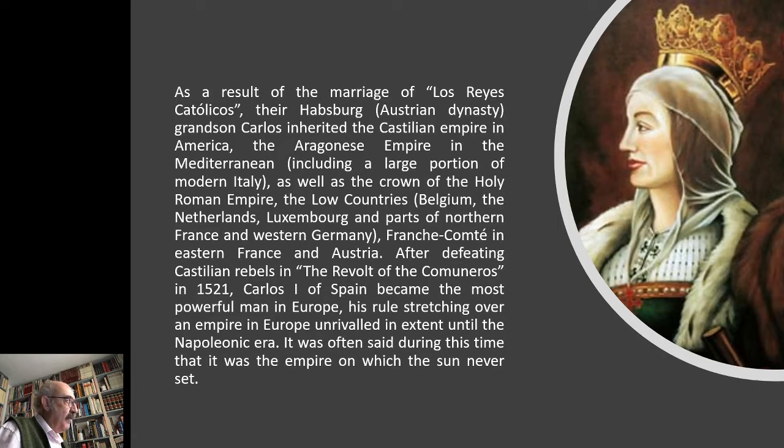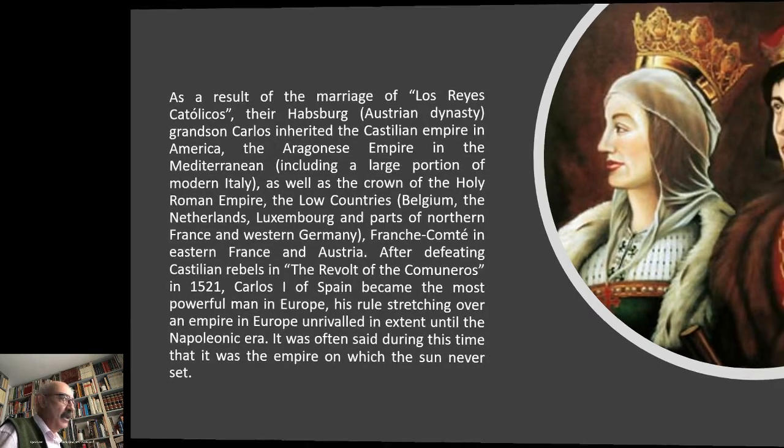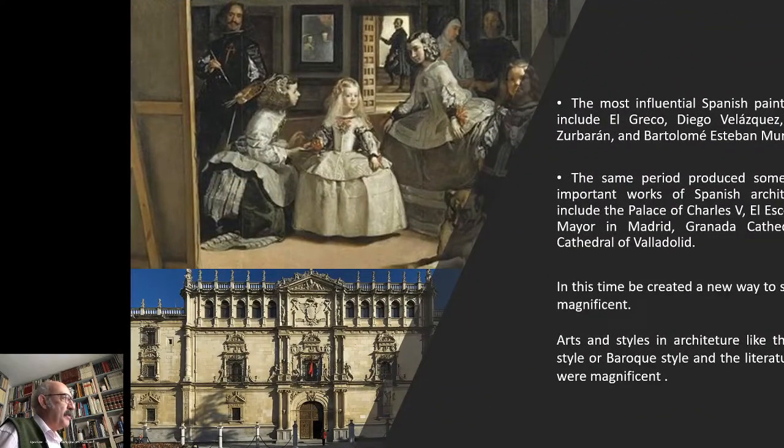Remember that she was the queen of Castile, and Fernando II was the king of Aragon. One country, but different territories with different laws, with borders, different traditions, and these traditions were respected. Very good.